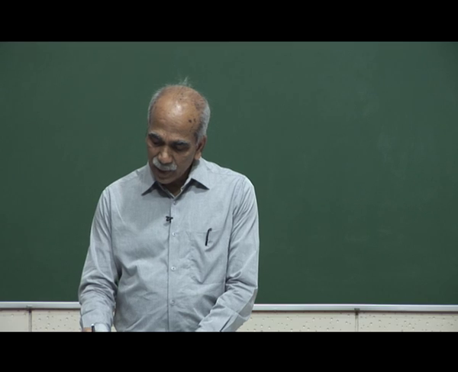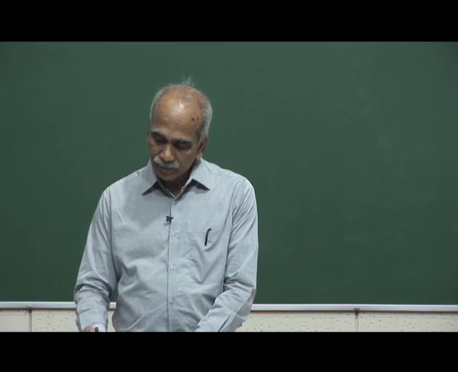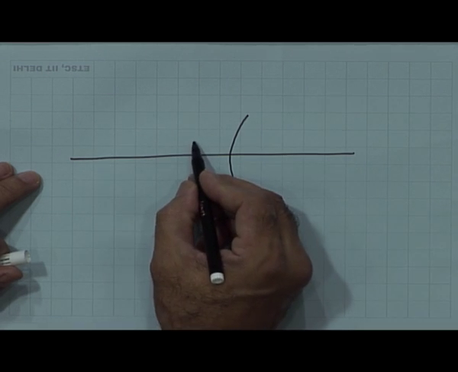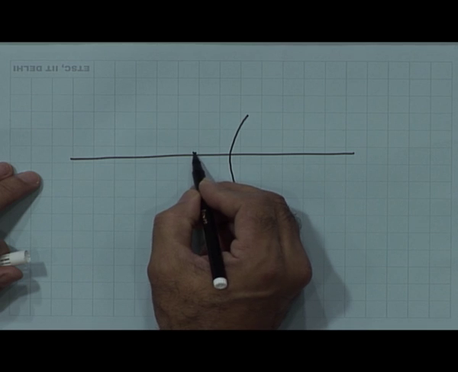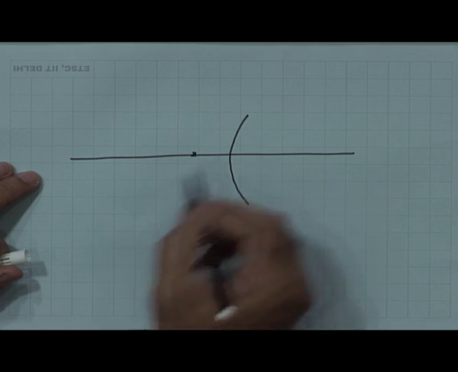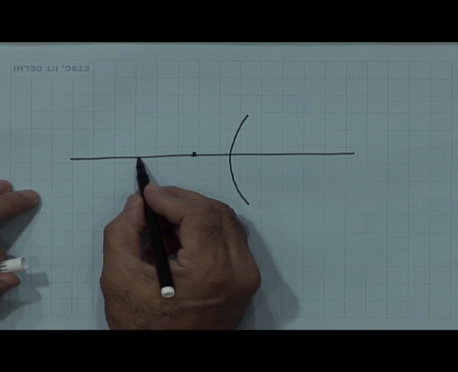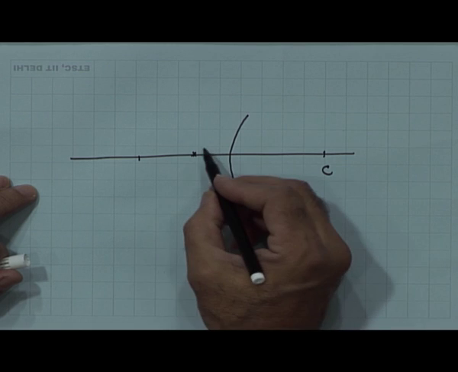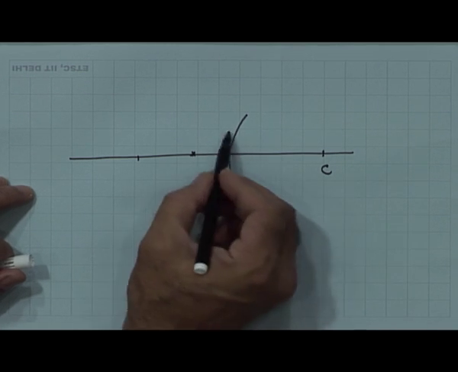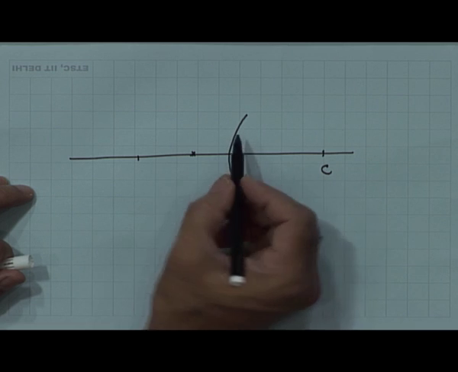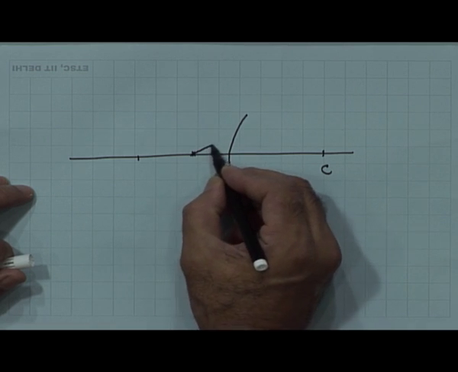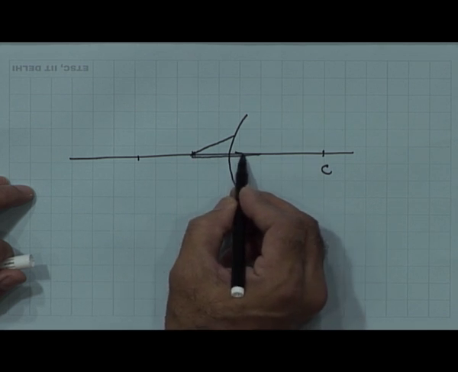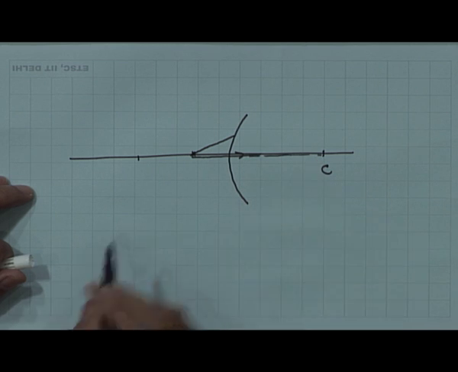So, we have a spherical surface like this and here is the axis, and in this case the object point is relatively closer to the surface. The center of curvature is somewhere here, on this side, and therefore the line joining the center of curvature. So, let me take a ray like this, one ray going like this, normally incident, will pass through.